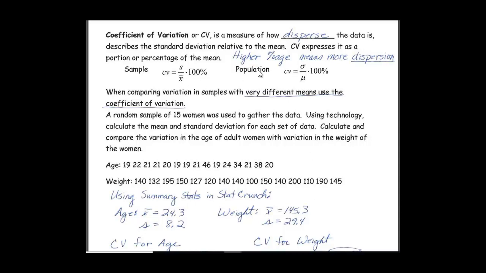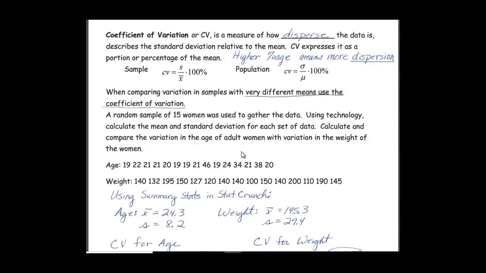If we were looking at population, we'd be looking at the population standard deviation divided by its mean, and then multiplying by 100 or moving the decimal over 2 places to identify this as a percentage. So basically it describes the standard deviation relative to the mean, and it's going to be expressed as a percentage. So again, we're going to use this when you have two data sets with very different means.